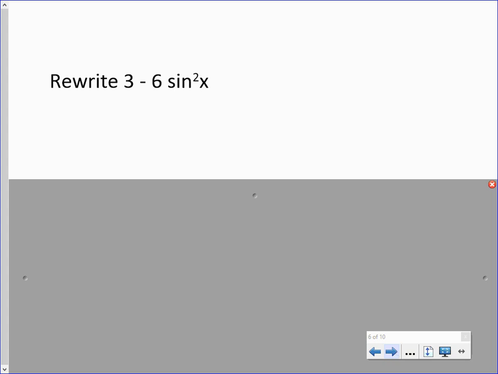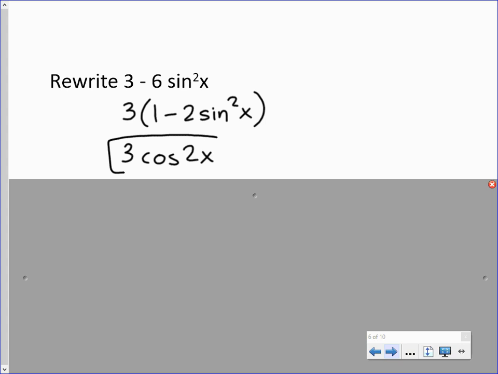So you could factor out a 3, you get 1 minus 2 sine squared x. And then 1 minus 2 sine squared x is really just cosine of 2u, which in this case would be cosine of 2x. So it's just like, can you manipulate that expression to make it look like one of your formulas from today? So you'll have some practice with that in the homework assignment.